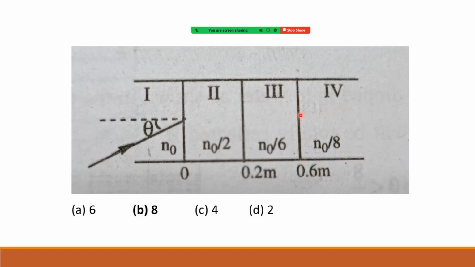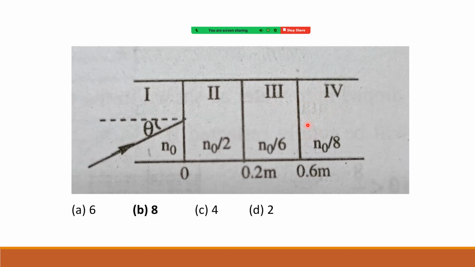Just misses means grazing. So grazing means here angle of refraction is 90. Its meaning is the light ray grazes the boundary of 3 and 4, so in 4 the angle of refraction is equal to 90.